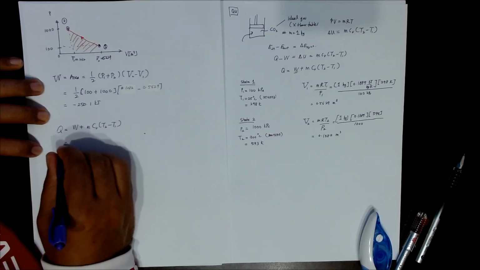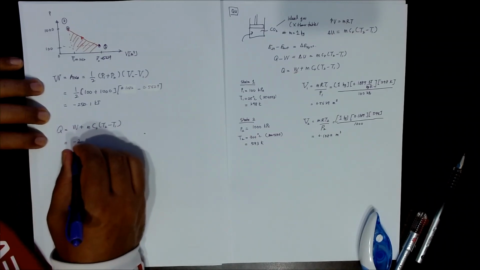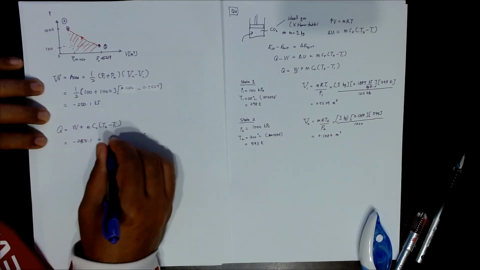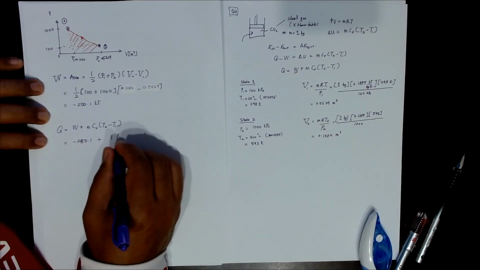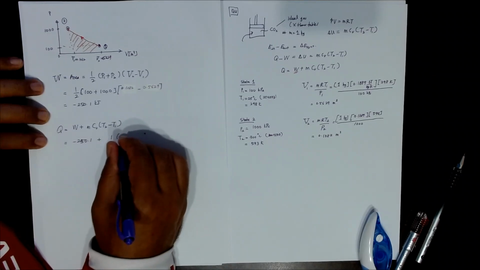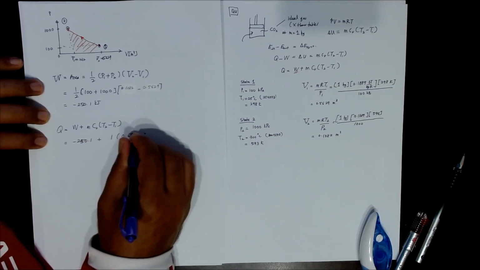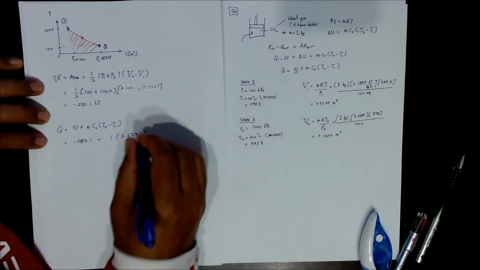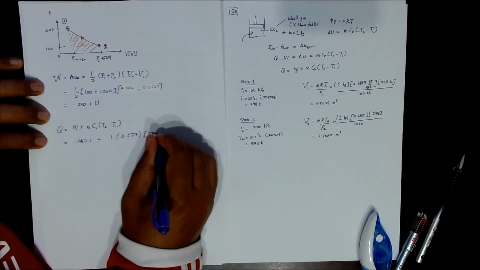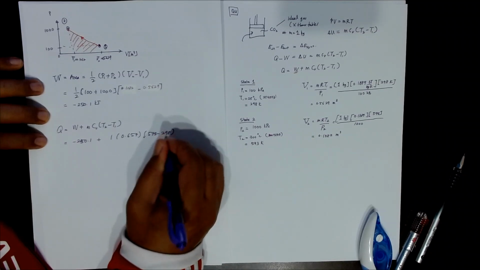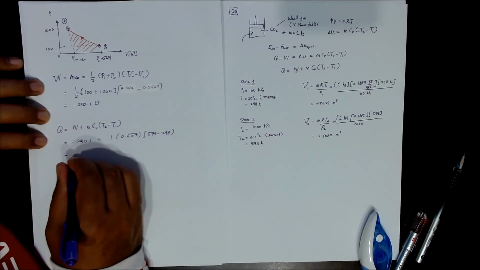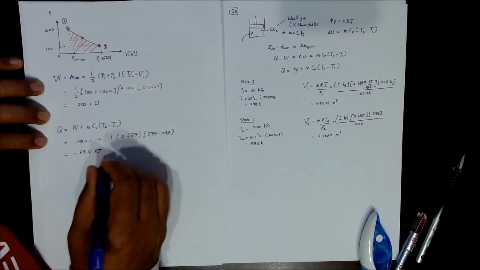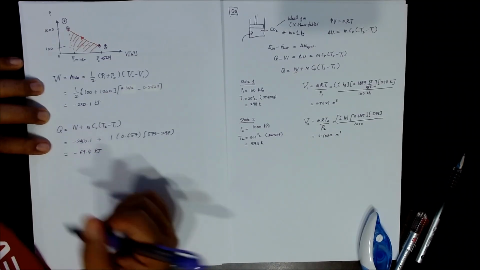W is minus 250.1, plus m of 1 kilogram, and Cv is given by the question as a constant value of 0.657, times (573 minus 298). So we get the value of minus 69.4 kilojoule, which means heat is leaving the system.